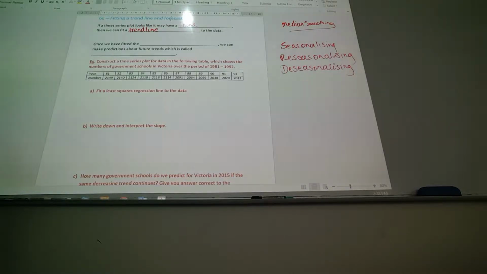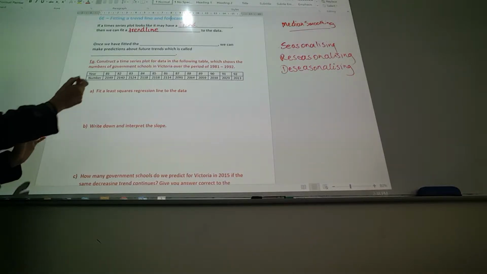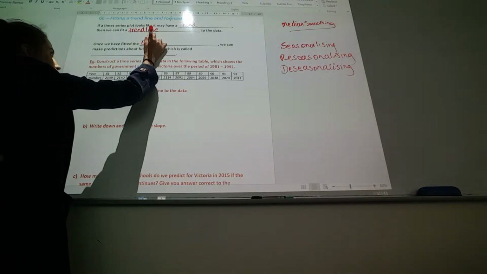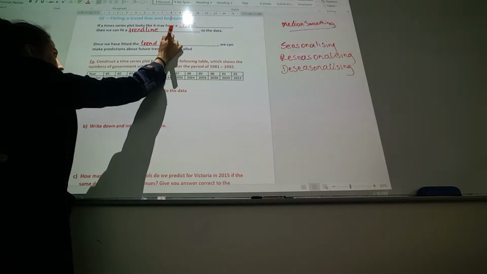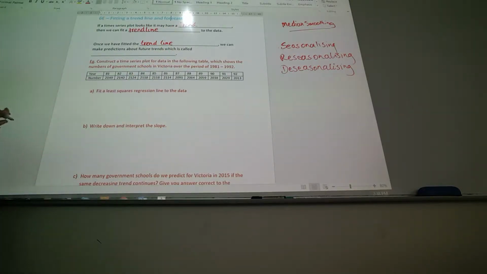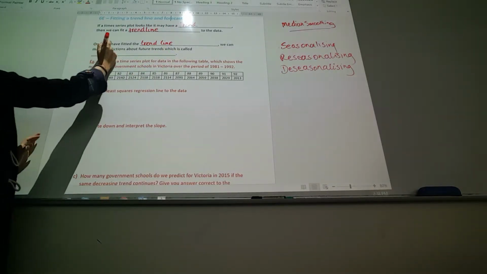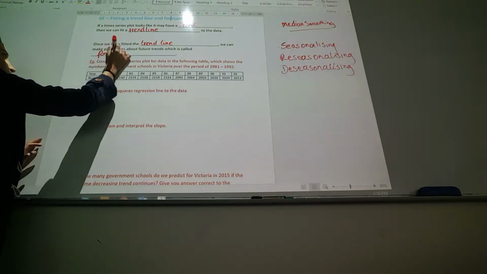Once we've fitted the trend line, we can make predictions about future trends, which is called forecasting.